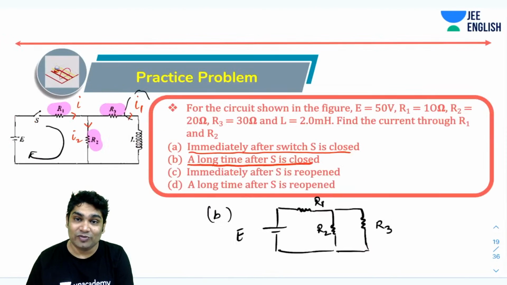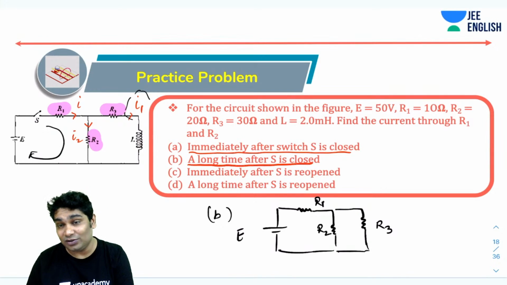Next, what was asked of me? Next, I was asked to find the current through R2. So how about the current through R2? There are two ways of doing this. You can say that I is coming from here, I1 going from here, and I2 going from here.